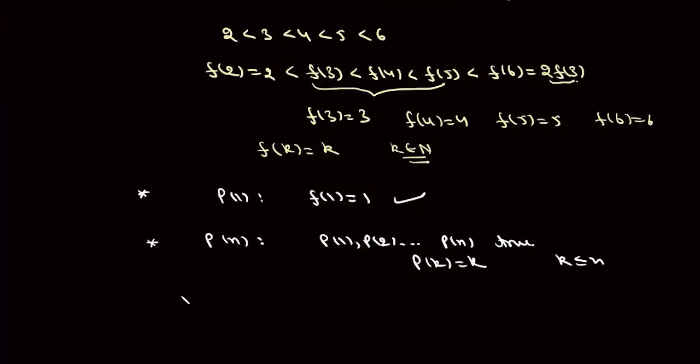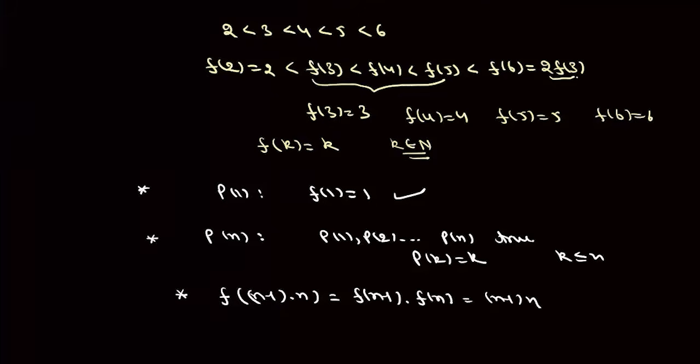Now we choose a convenient coprime pair, and we know that 2 consecutive numbers are always coprime. So f((n-1)n) will be f(n-1) times f(n), which is (n-1) times n.